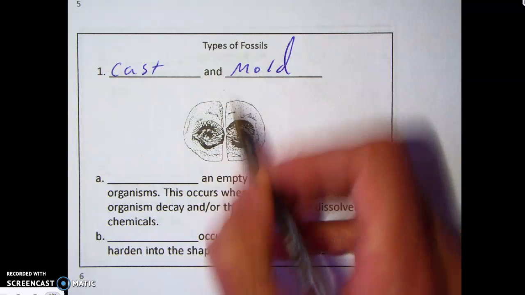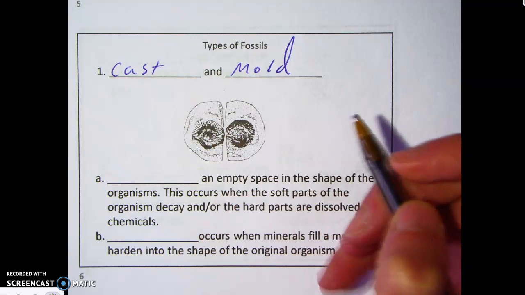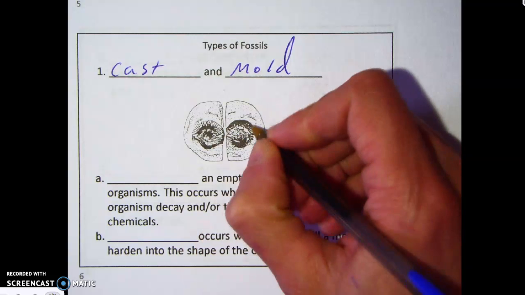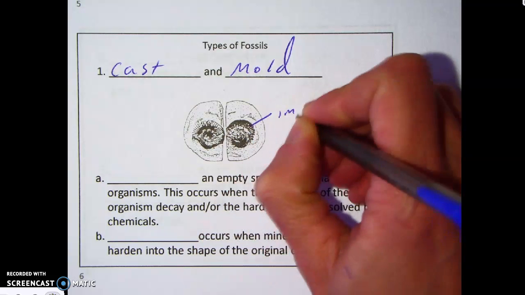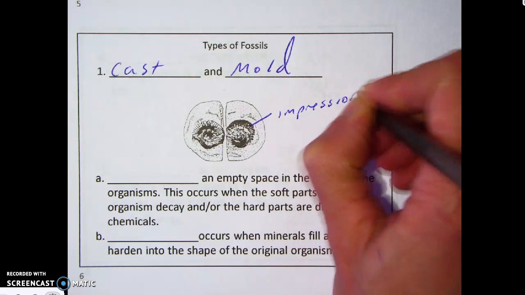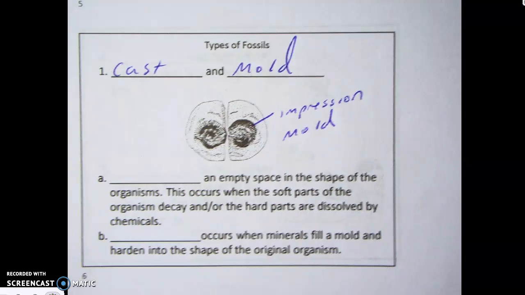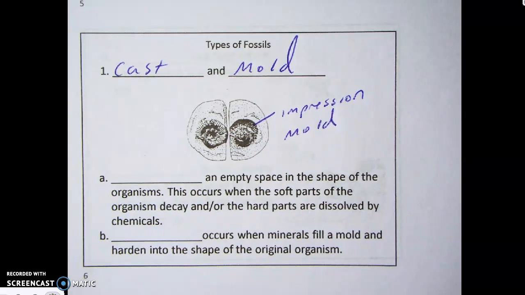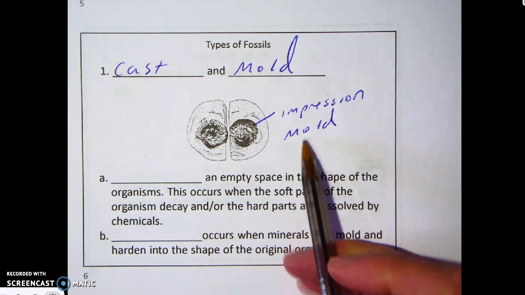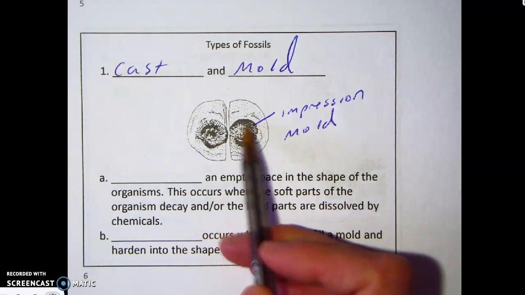And when we have the two halves, sometimes on one half we have an impression of the creature, and we call that the mold. Just like if you were to use a candy mold to pour chocolate into and make a chocolate Easter bunny or something like that, that would be the mold. It's the impression of the creature.